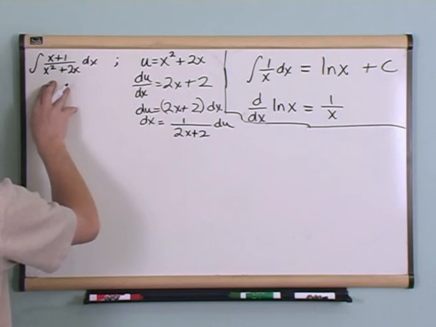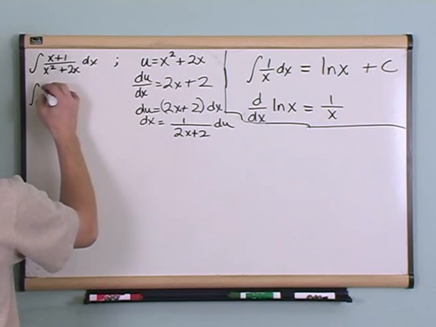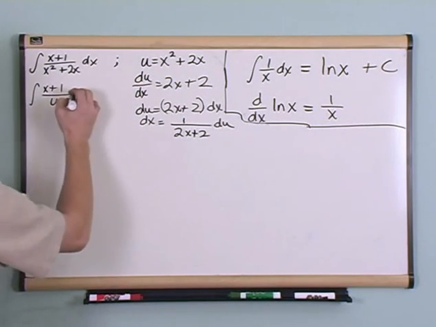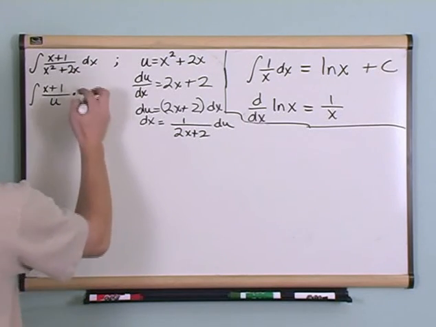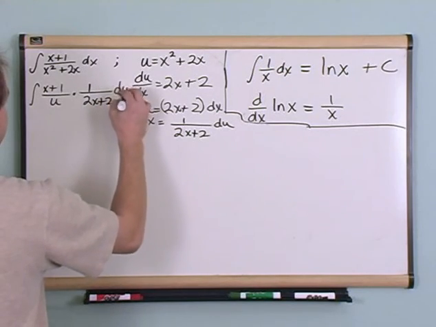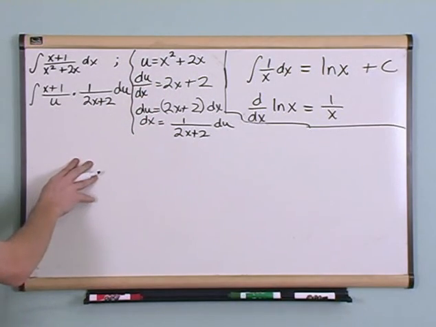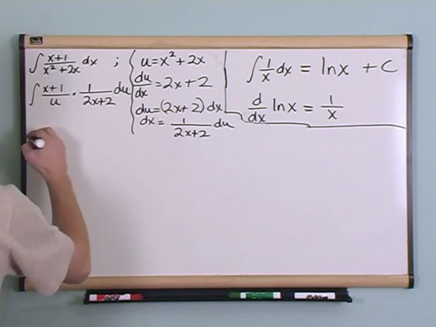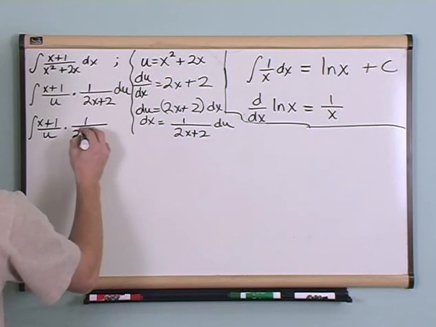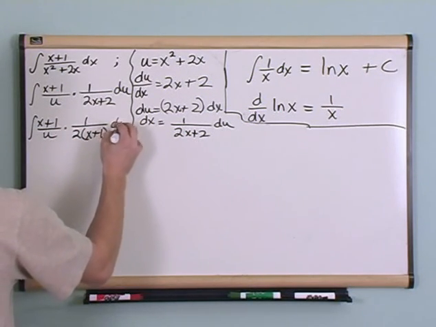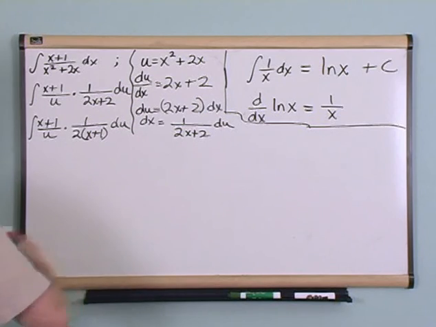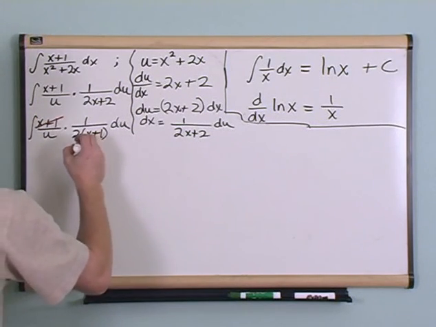So when we plug this in here, what we'll have is the integral of x plus 1 over u, obviously, because u is equal to this, times dx. But dx I've already defined as 1 over 2x plus 2, and then we have the du left over here. Now, this is starting to look really nice because you see what I can do is I can write it like this. I can factor out a 2 here and make it like this. You see, I just factored out a 2 here, and so now I have an x plus 1 and an x plus 1, which, as we said before in substitution, you really want to see a cancellation.